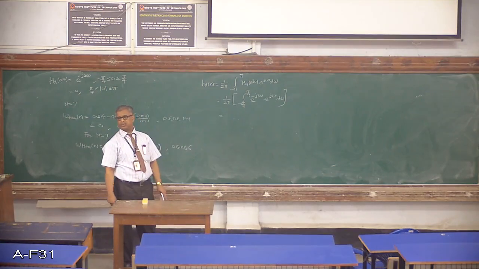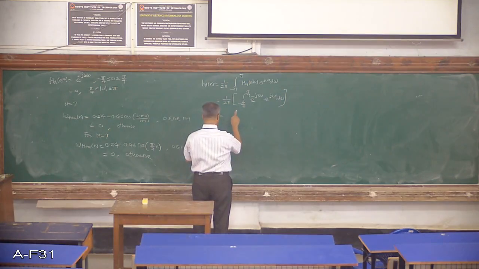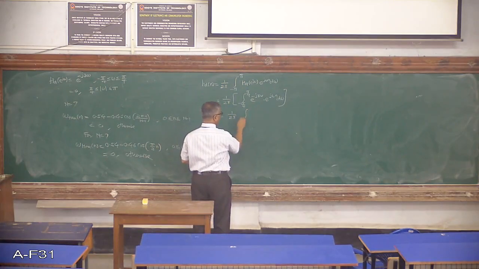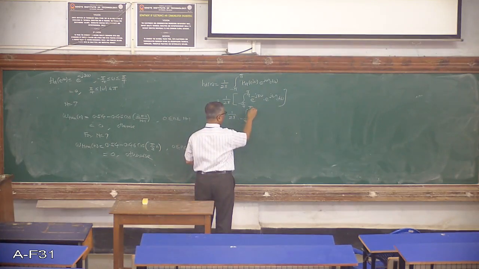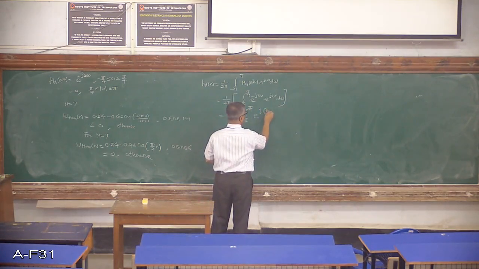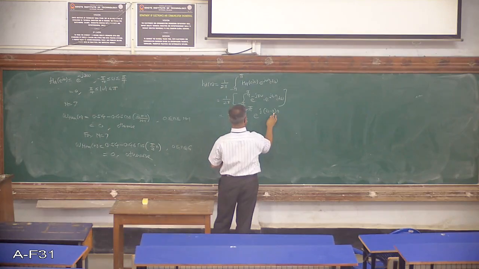I think I will leave this task to you. You can combine the exponentials and rearrange them properly, but before that, put it in the form 1 upon 2 pi integration from minus pi by 4 to pi by 4. This can be written as e to the power j omega, n minus 3.